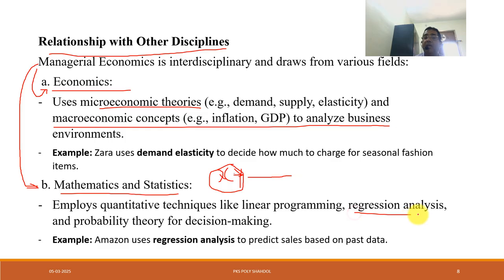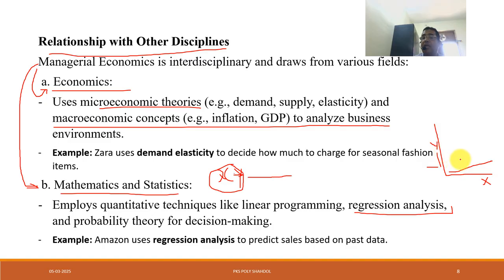Similarly, regression analysis: we take a graph and decide the inclination of a line. Suppose on the y-axis we have taken some data and some data on the x-axis, and both are interrelated.